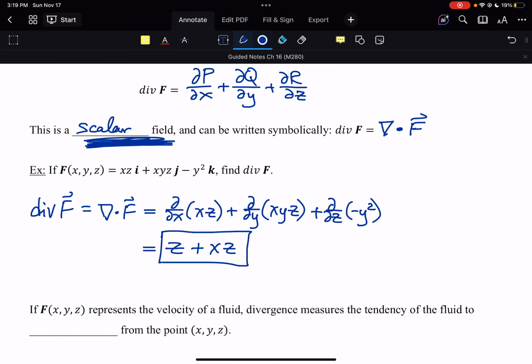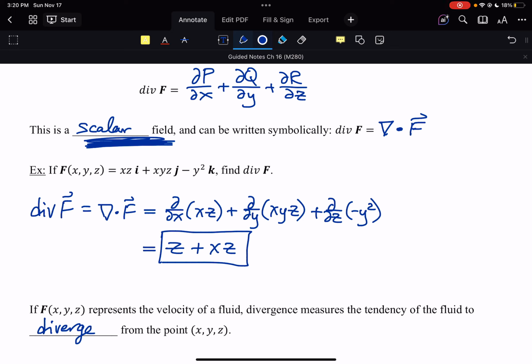What does divergence tell us? Well, if F represents the velocity of a fluid, for example, divergence measures the tendency of the fluid to diverge from the point x, y, z. Don't you always love it when people define things using the same word in its own definition? When we say diverge from the point, it's the tendency of it to move away.